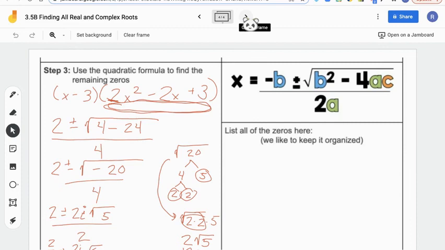So our zeros here are 1 plus or minus i times the square root of 5. We also had a zero of 3. So here are all of our zeros, our real zeros and our complex zeros.